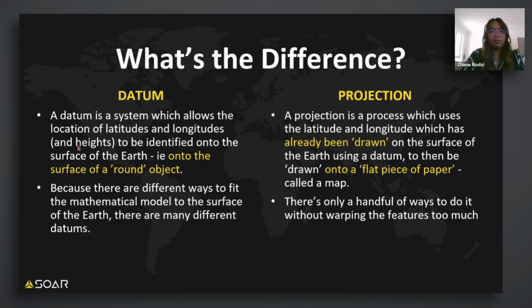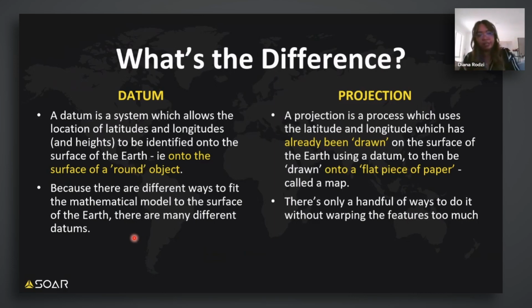And the reason for datums, when you're trying to give location to a round thing, there's many ways to do it, and it's usually based on a mathematical model. And since there's a lot of math that exists out there, many ways to do it, that's why there are so many datums that exist.